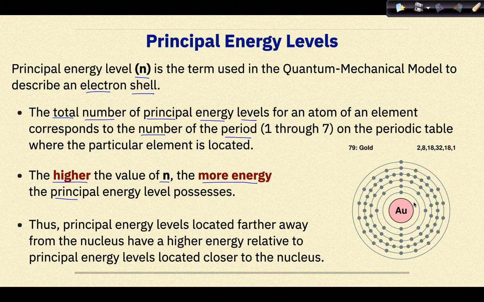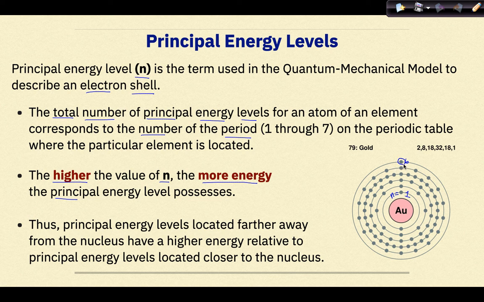So, for example, if this represented our first shell, where n is equal to 1, we know that first principal energy level has a low energy associated with it in comparison to 2, 3, 4, 5, 6, where this valence electron is located in the 6th principal energy level.